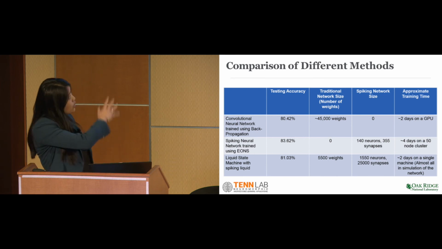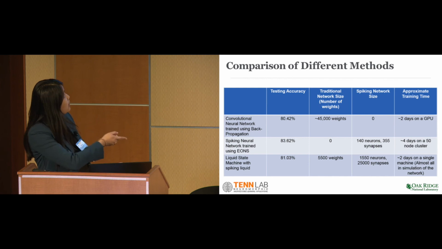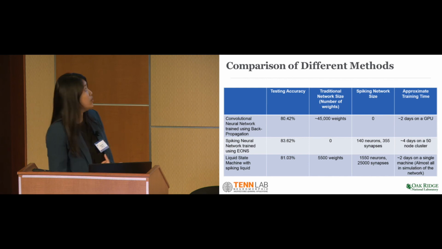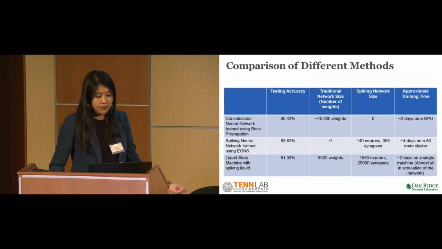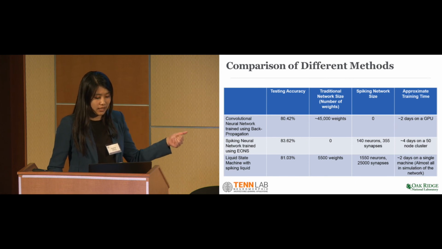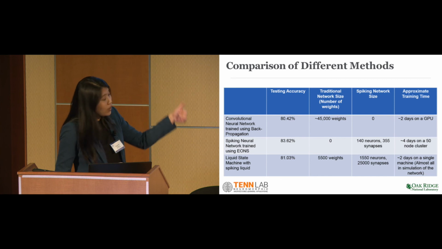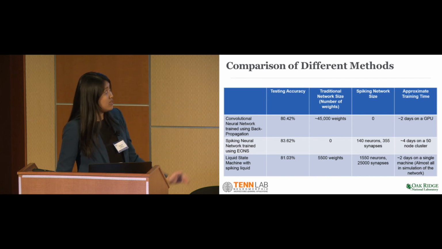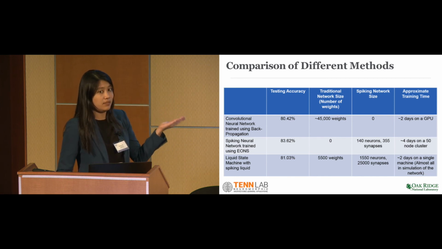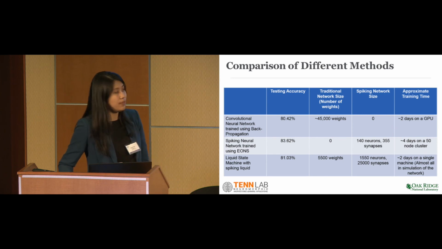If you take a look at the table, you can say that the network trained with EONS is better because it has higher testing accuracy and a lower network size, but the only disadvantage is it has a larger training time.